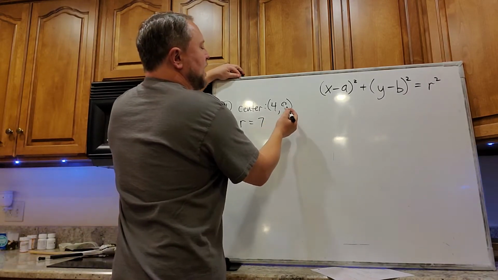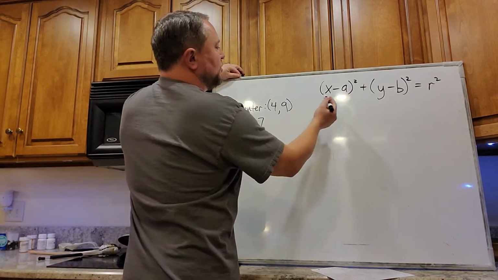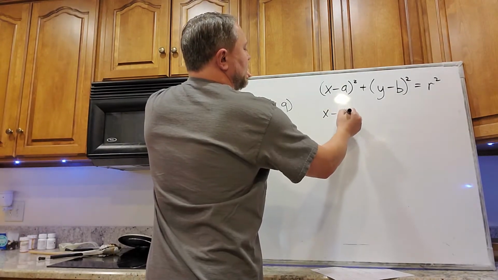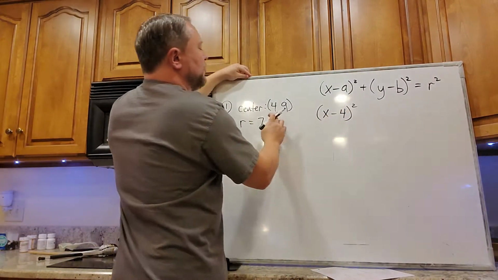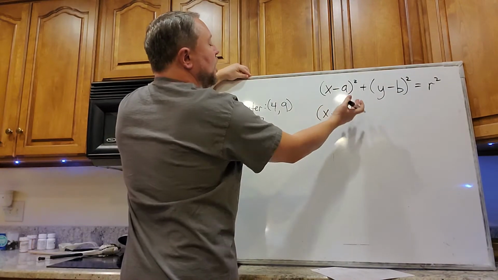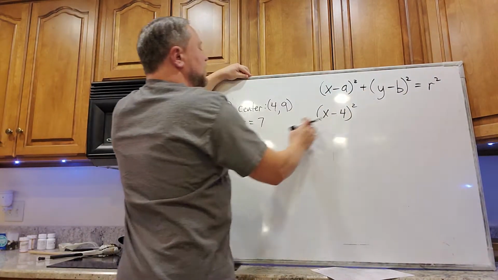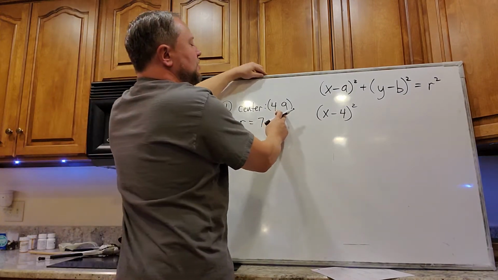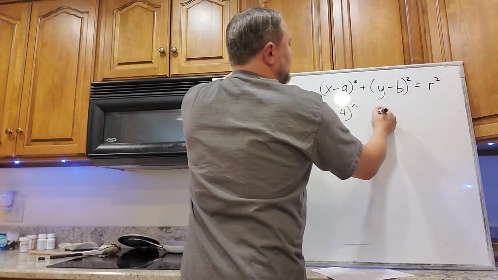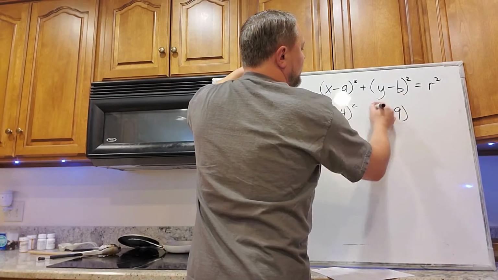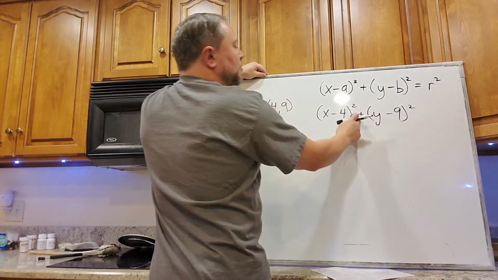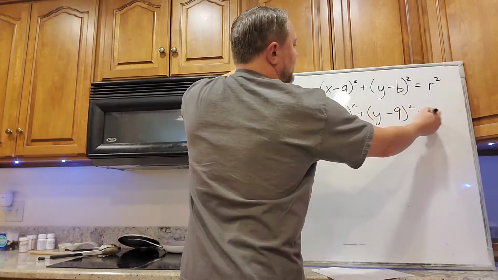We put in the opposite of positive 4, which would be a negative 4 for our x value, or I should say our a value. And the b value here is the opposite of this y value, so instead of positive 9, we'd have a negative 9. Don't forget the plus in between here.